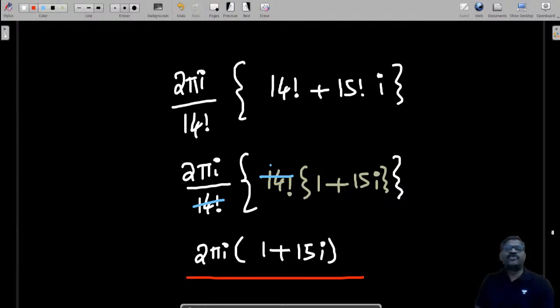Final answer is 2 pi i into (1 plus 15i). Understood?